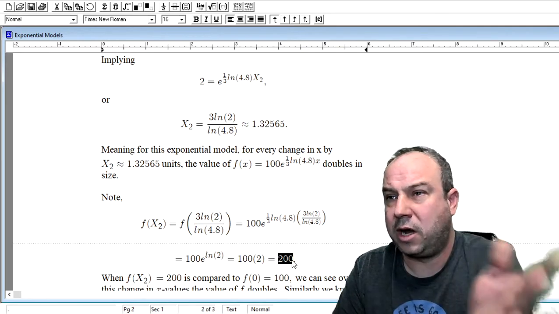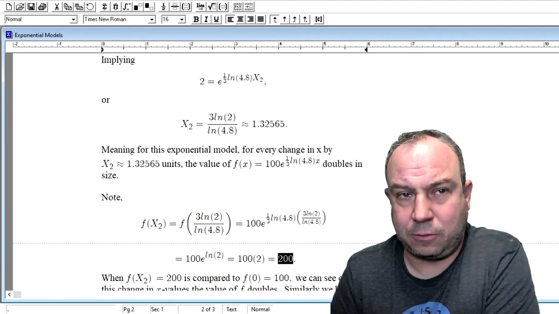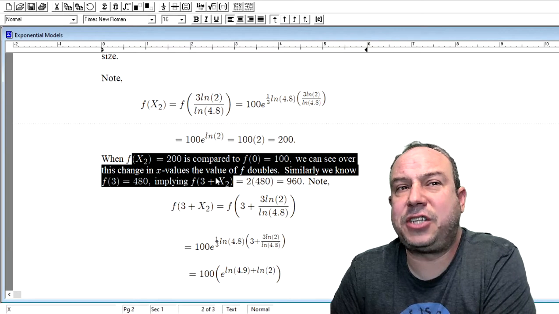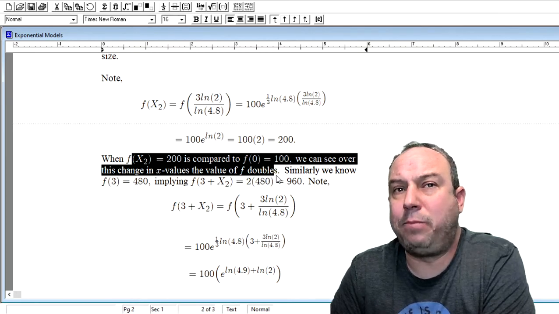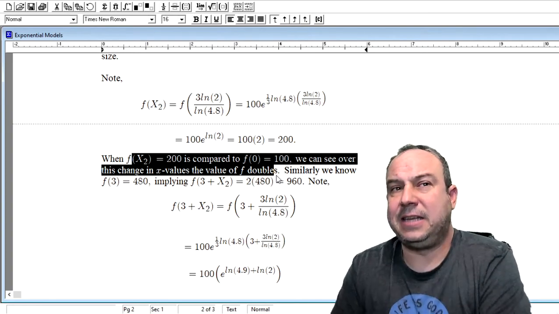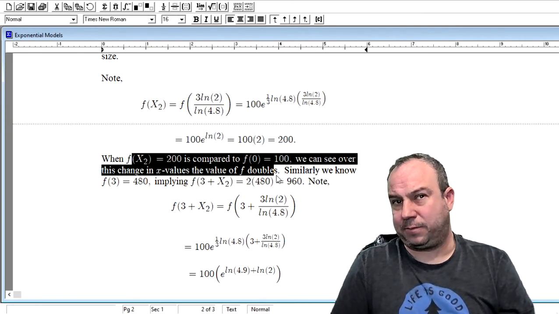It'll go from 100 to 200 in value. You can see that this change in your output of this function doubles over that change in input values.